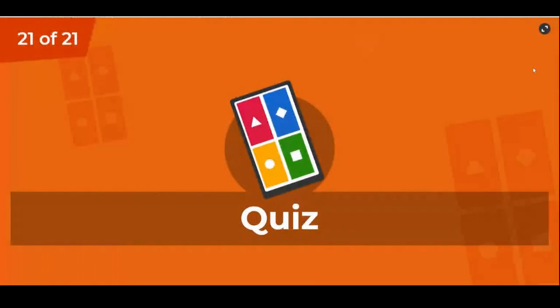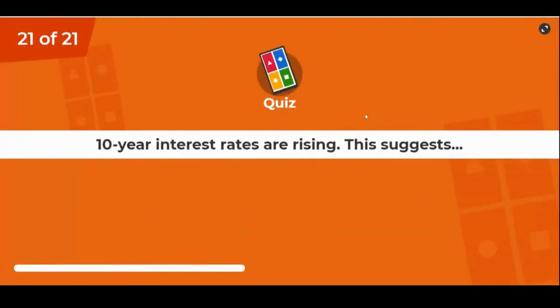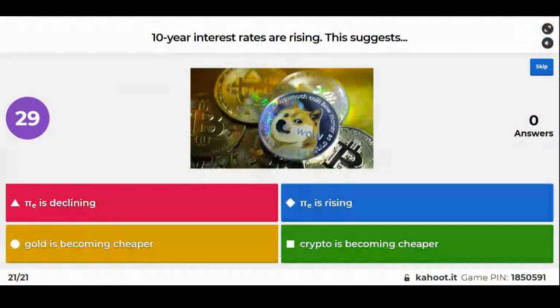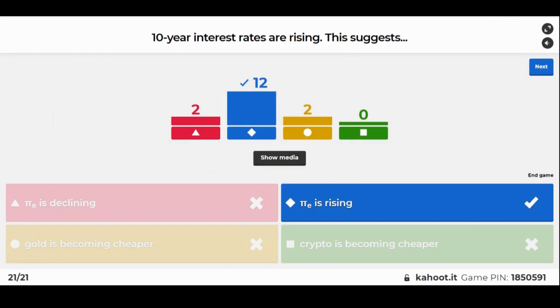And last but not least, 10-year interest rates are rising. What does this suggest? That's right, expected inflation is rising.